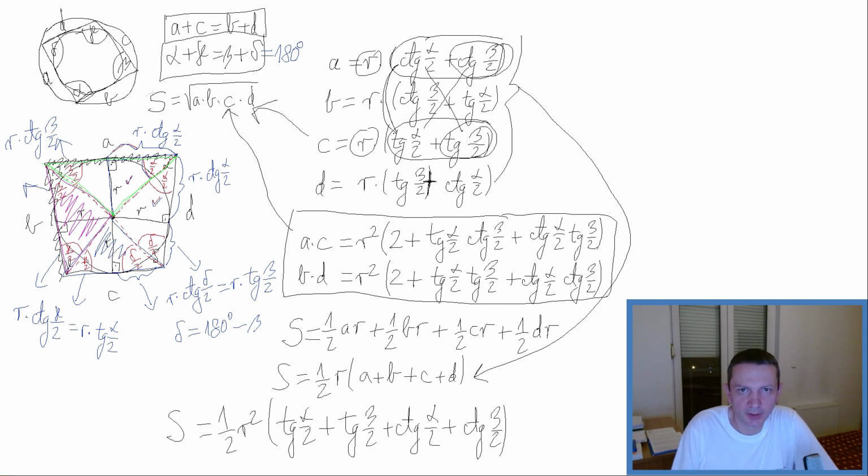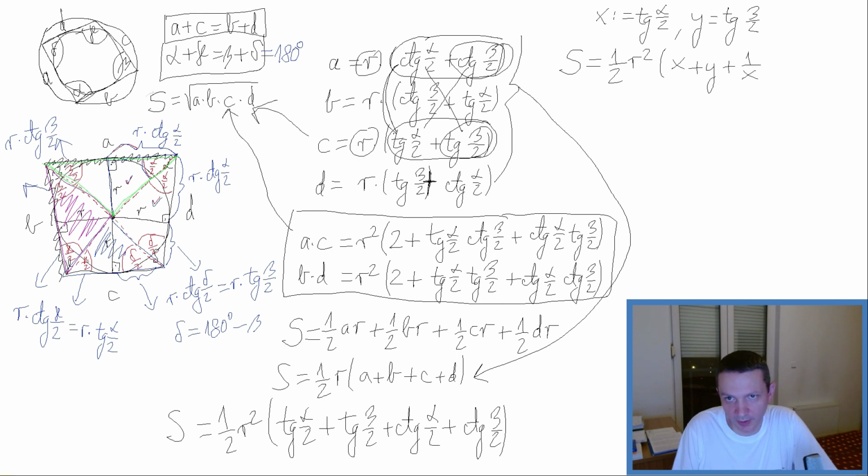And so I will now simplify the notation. I will denote x to be equal to tangent alpha half and y to be tangent beta half. And then area S will be equal to 1/2 r squared times x plus y plus the reciprocal values 1 over x plus 1 over y.